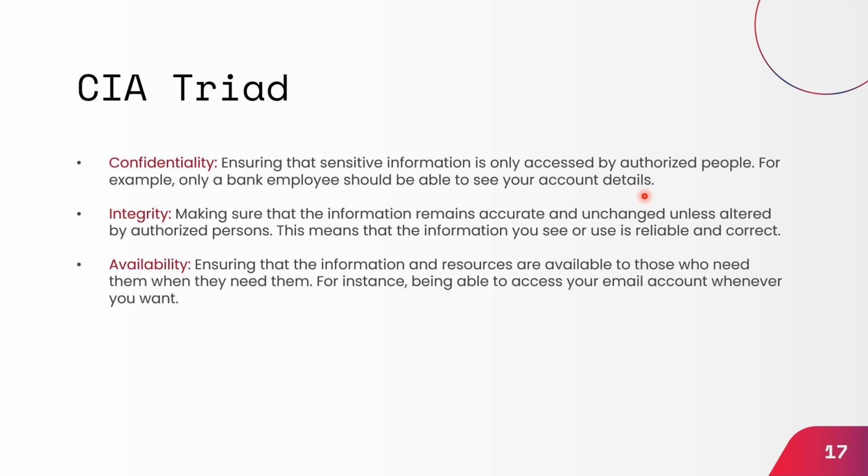Okay, so these are the three basic elements in information security. As an information security professional, we help organizations to have these three elements. We make sure that we provide confidentiality, integrity, and availability for all their assets and data, right?